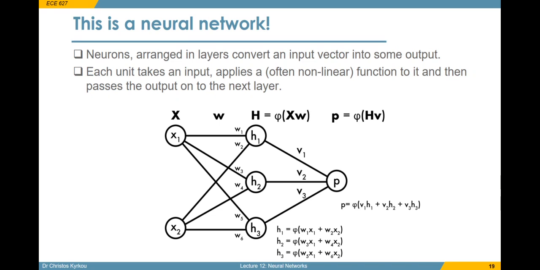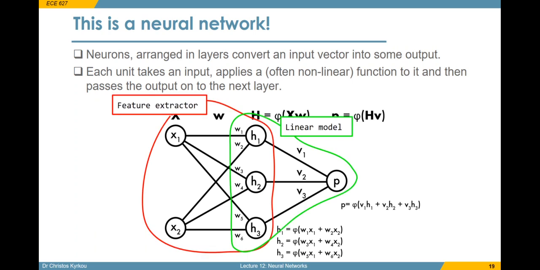So we can think of it as a combination of a feature extractor, where the various layers transform the input, and at the end we have a layer that performs some form of classification, for example, a neuron with a linear activation function to do classification.